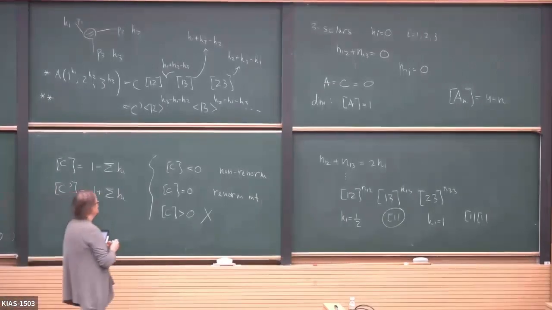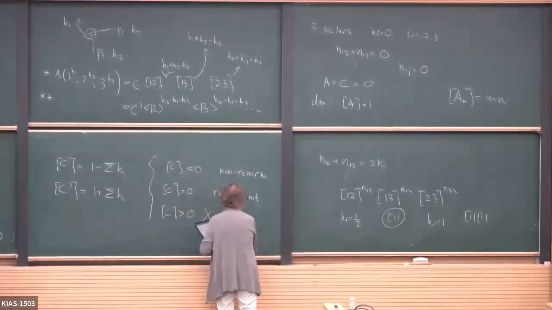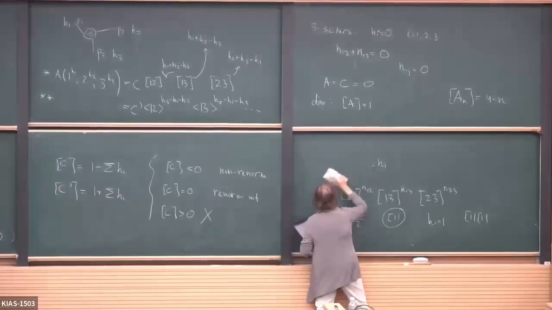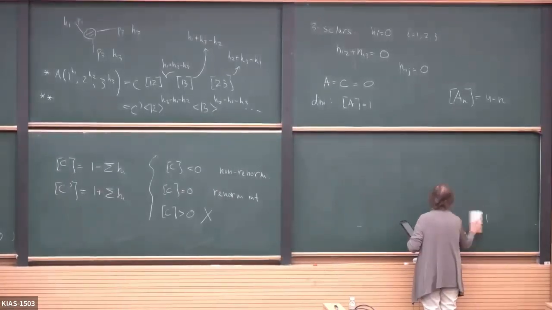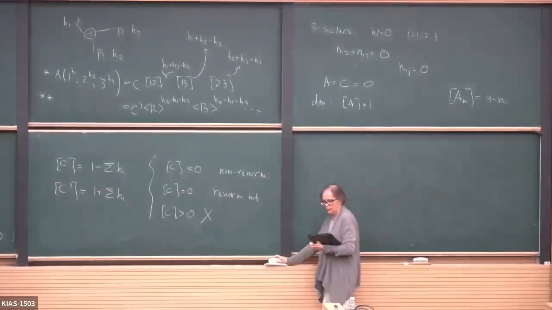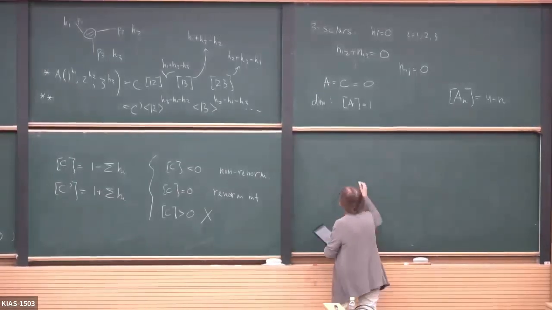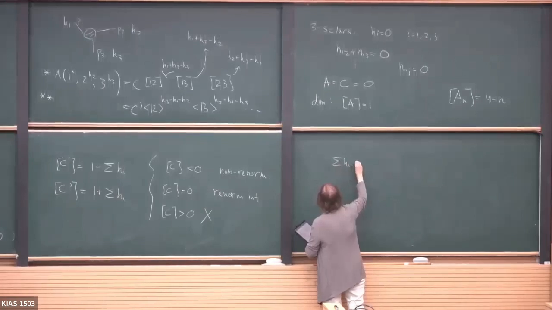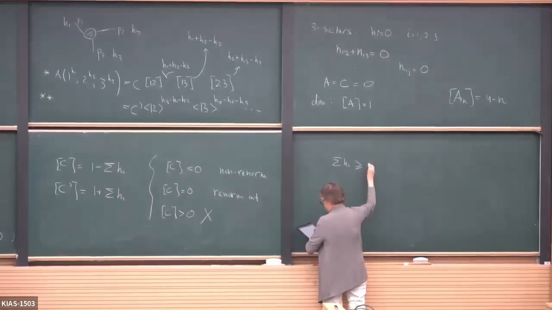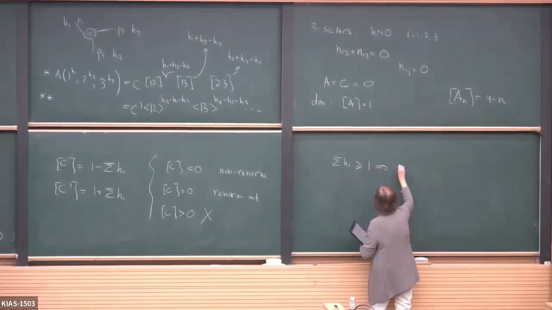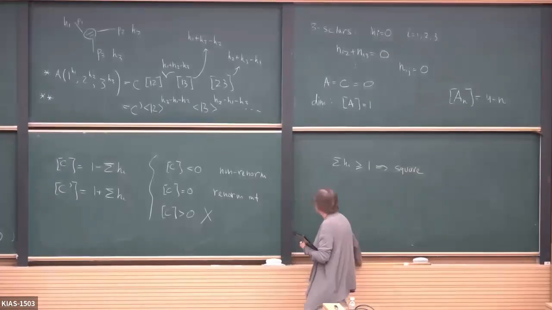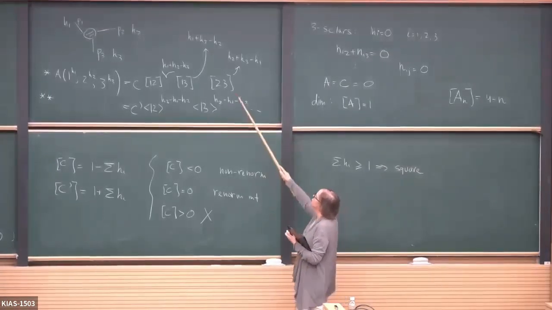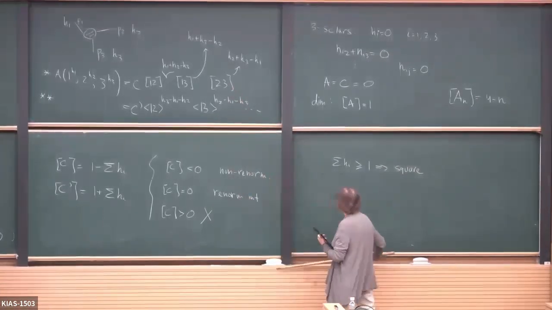And so that's going to tell us exactly whether it's this form or this form that the amplitude takes. Depending on the sum of the helicities, we know whether the amplitude is written in terms of square spinors or angle spinors. So for the sum of the hi bigger than 1, the amplitude is written in terms of square spinors, namely, we have that form over here.